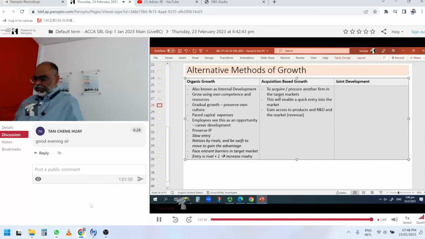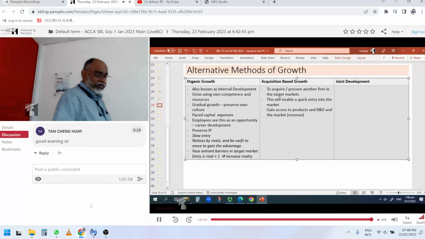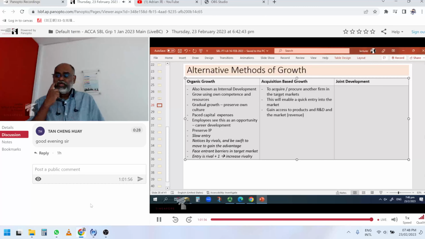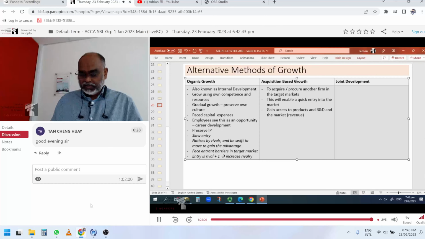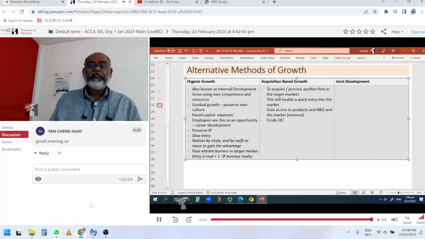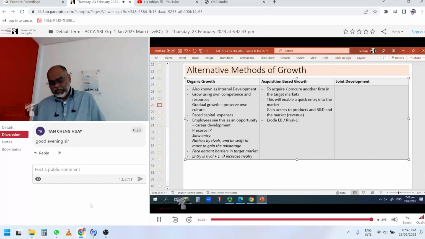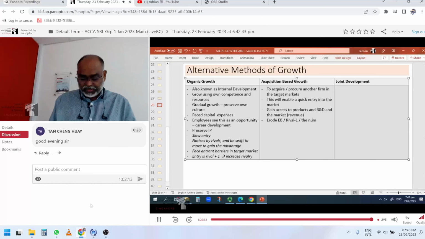Because you buy the company, you also get their customers, isn't it? So that is also an advantage. Now this is also a way to erode entrant barrier, and this will be rival minus 1. Why rival minus 1? The number of rivals don't change.